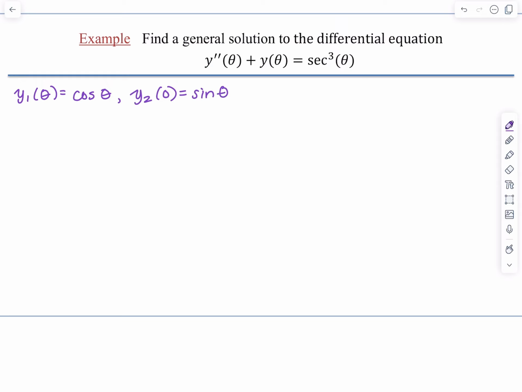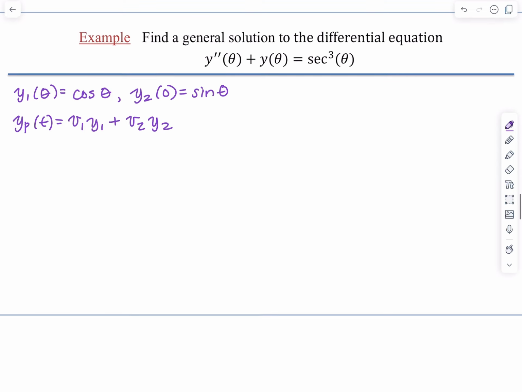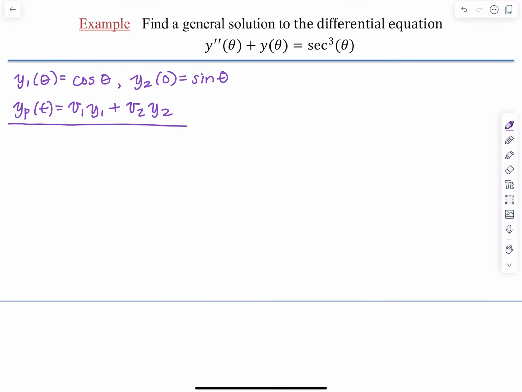And applying the method of variation of parameters, we seek our particular solution of the form yp equals v1y1 plus v2y2. So let's go ahead and write our system of equations. We have v1 prime of theta multiplied by the cosine of theta plus v2 prime of theta multiplied by the sine of theta is equal to 0.